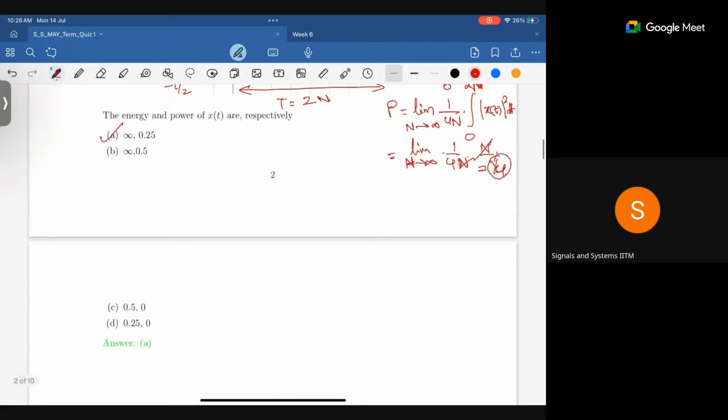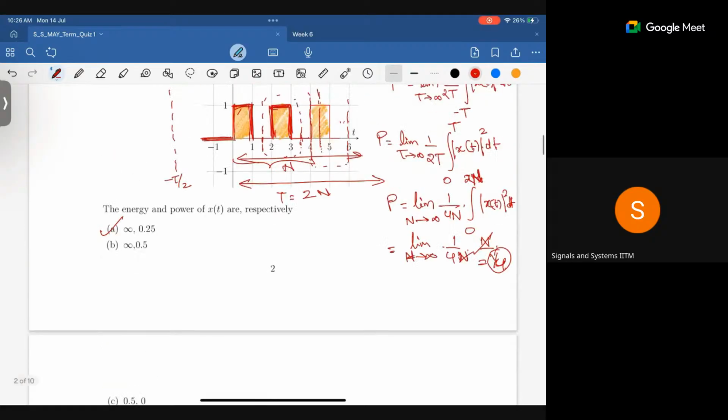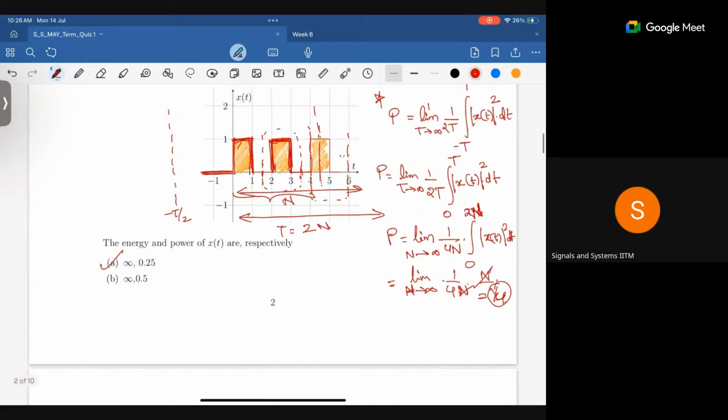Once you know that that is an energy signal, option C and option D are anyway not possible. So you just have to be within A and B, and you can see that on one side we have the signal in half of the time and 0 in the other time, and the other side is anyway 0.